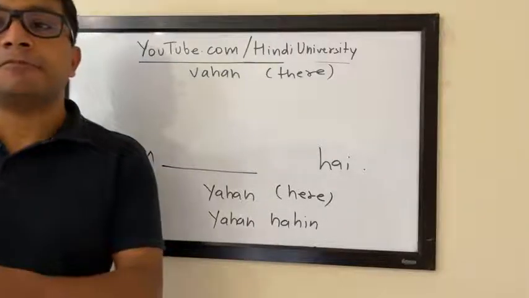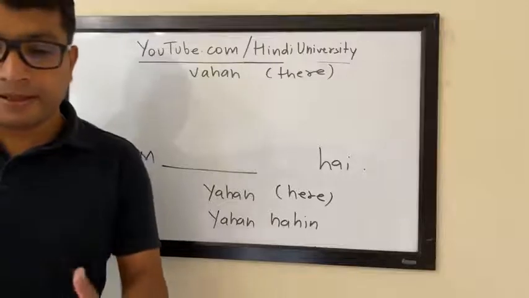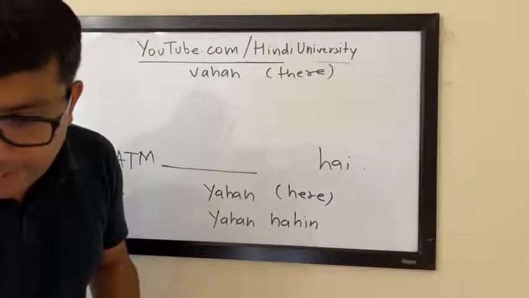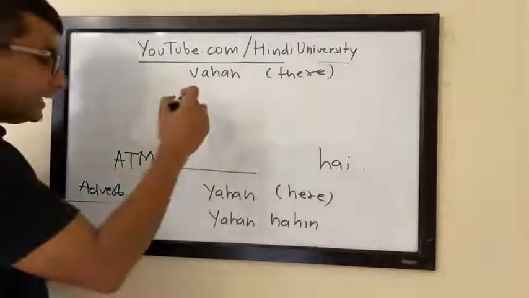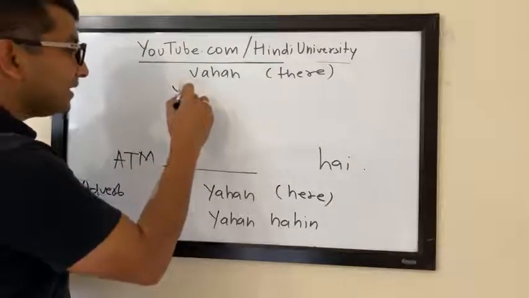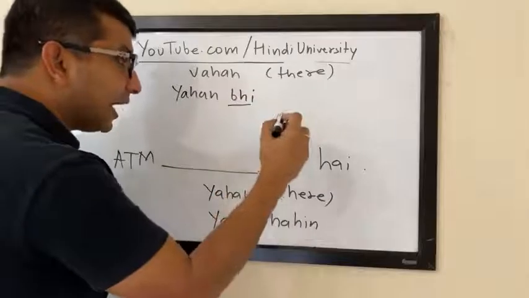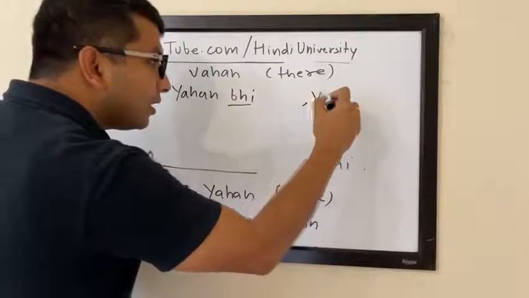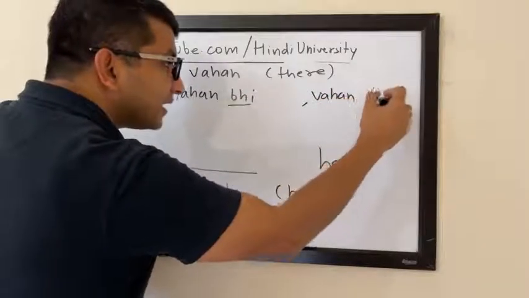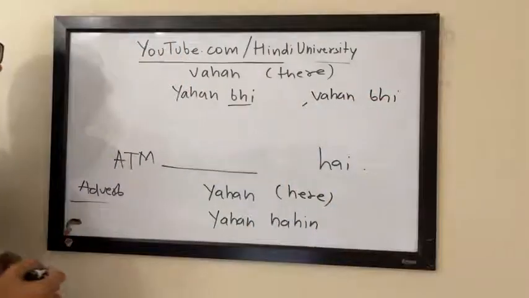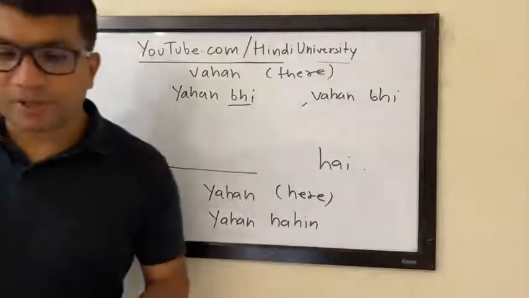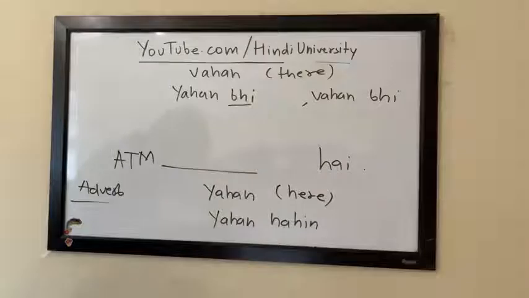Second one is ATM वहाँ नहीं है. Let's say you want to emphasize it. You can say ATM यहाँ भी नहीं है, और वहाँ भी नहीं है. Just to emphasize it, you can put the भी word. Just a slight variation in there.